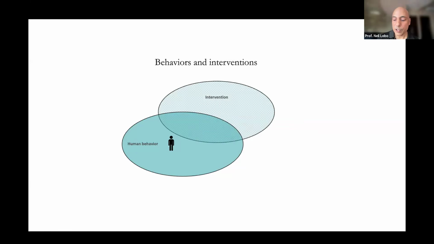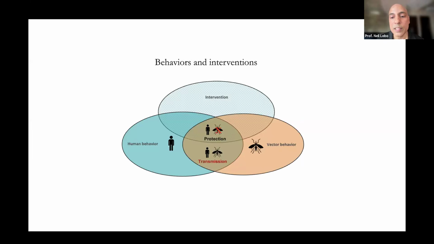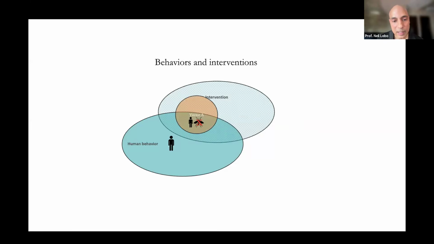So when we have an intervention, in this figure, we looked at one specific vector. Now let's say we have multiple vectors, vector A, vector B, and vector C. Vector A, let's say, is completely encompassed by the intervention. It is indoor, human biting, and late night biting. And we put in bed nets, which means bed nets are going to impact it really, really well. Vector B bites indoors and outdoors.